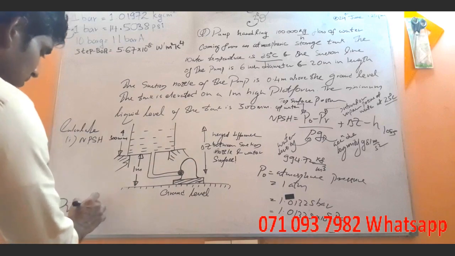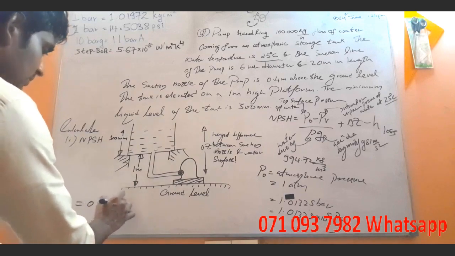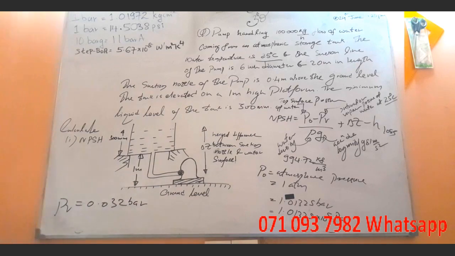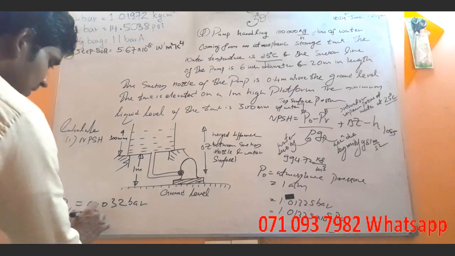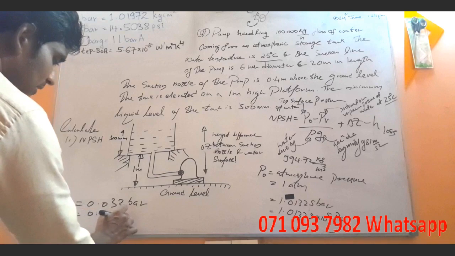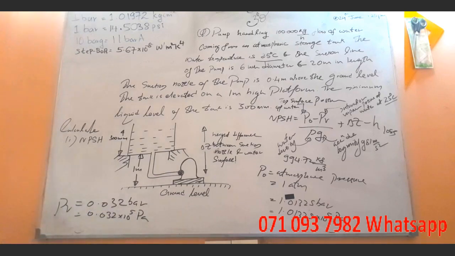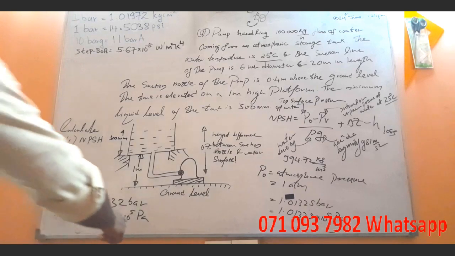That is 0.032 bar, which means 0.032 multiplied by 10 to the power 5 pascals.